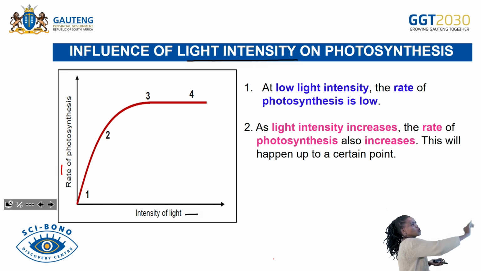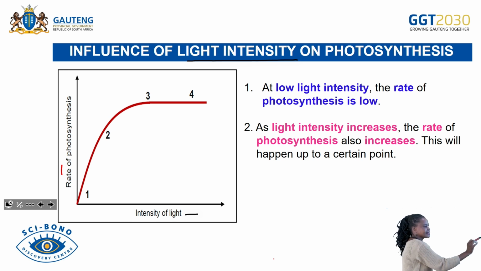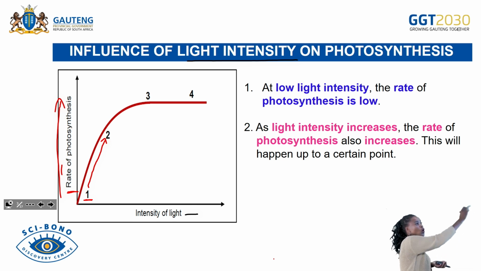What is happening when we look into this graph? We can see that when the light intensity is low, the rate of photosynthesis is also low. However, as the light intensity increases, what is happening with the rate of photosynthesis? The rate of photosynthesis also increases.